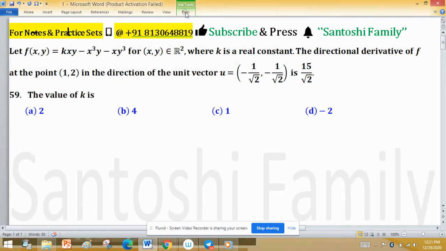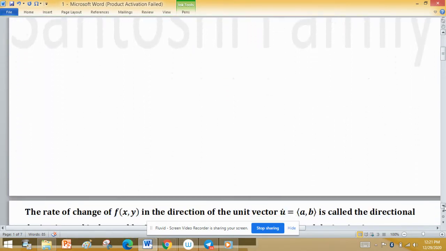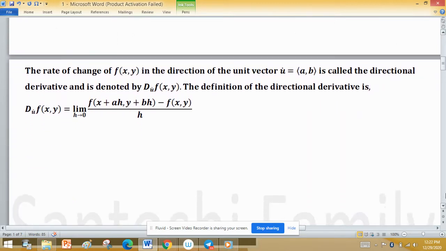Now first look at what a directional derivative is. The rate of change of f(x, y) in the direction of a unit vector u, with components a and b, is called the directional derivative and is denoted by D_u f.